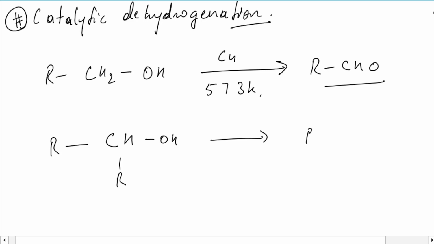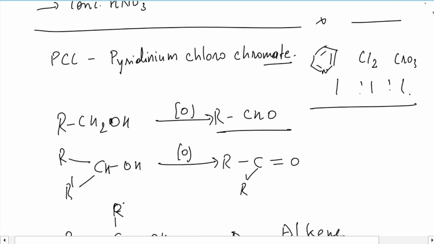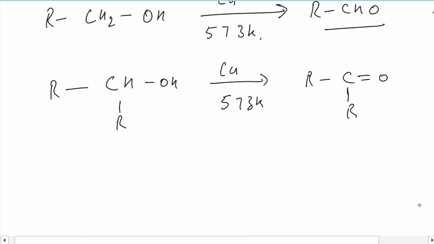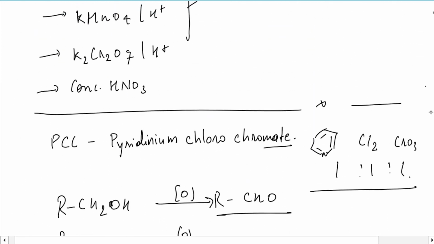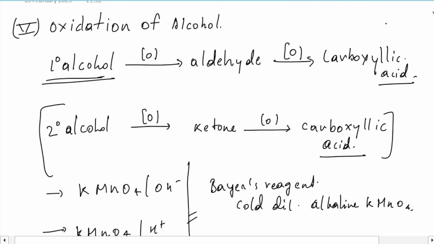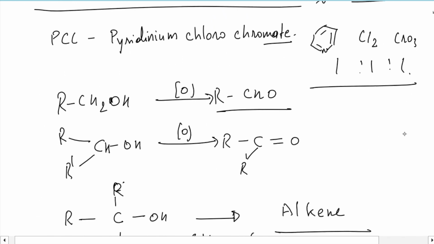It will give you ketone. Other oxidizing agents, like Fehling's solution and Tollens' reagent, we will discuss with aldehydes and ketones. We have briefed our discussion here because we are studying the chemical properties of alcohols.